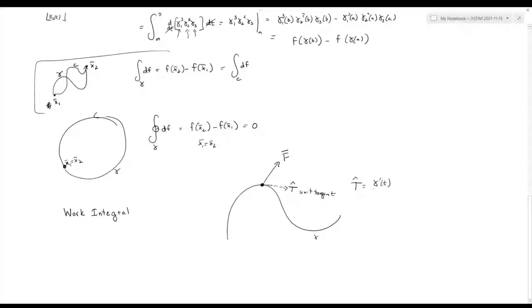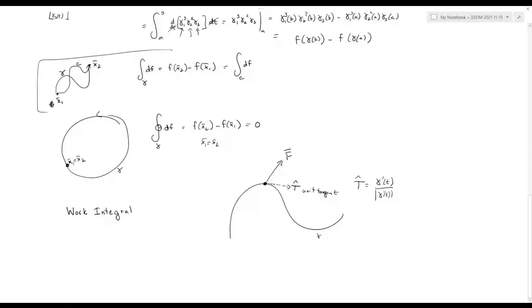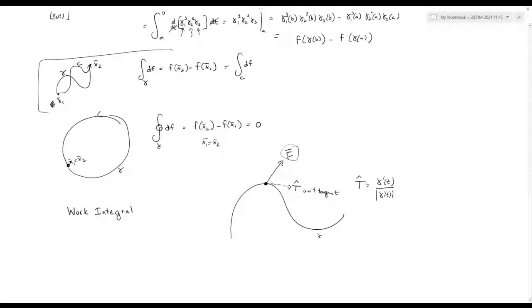Since it's a unit vector, you have to normalize, so divide by the magnitude of the velocity. The only component of the vector field that does any work is the component that's tangent. So we would project f onto the unit tangent, and that involves a dot product.